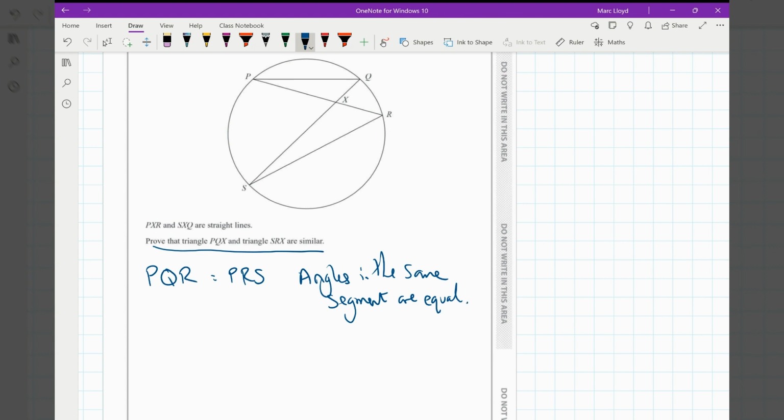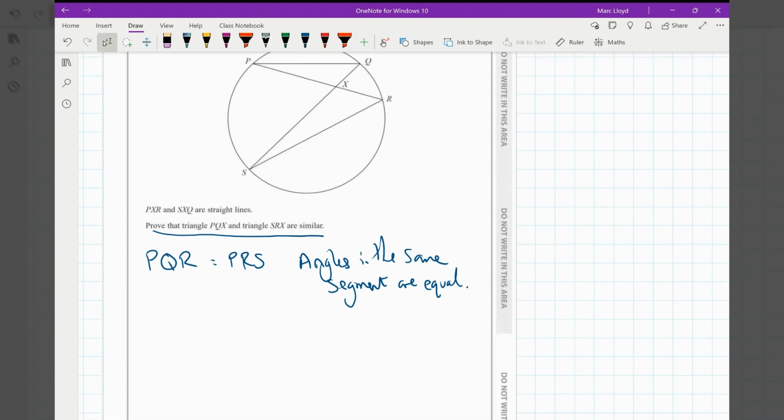Right, the next one, and it's the same reason, is that QPR equals QSR. I just want to get that right. QPR, QSR.